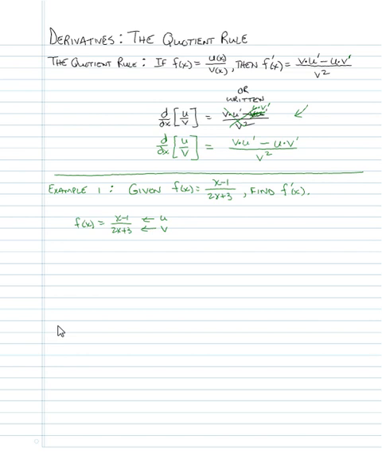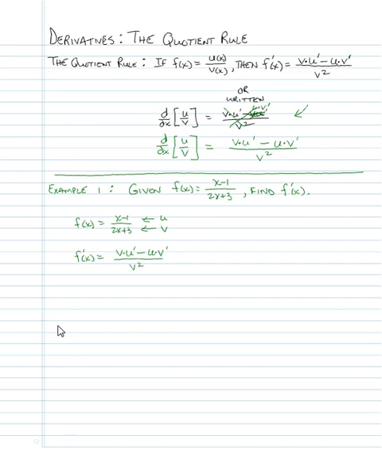And so we're thinking here in this fashion. To find the derivative, we use the formula. The formula says the derivative is the denominator times the derivative of the numerator minus the numerator times the derivative of the denominator, all divided by the denominator being squared.